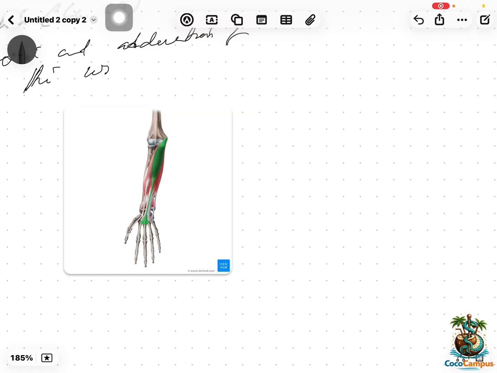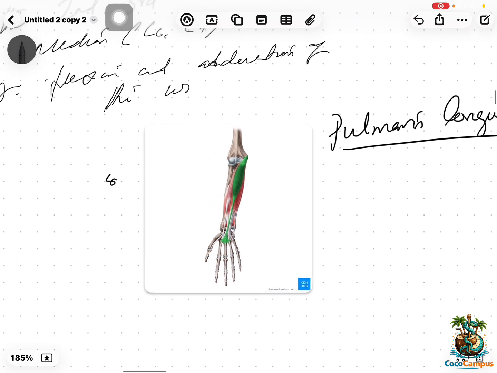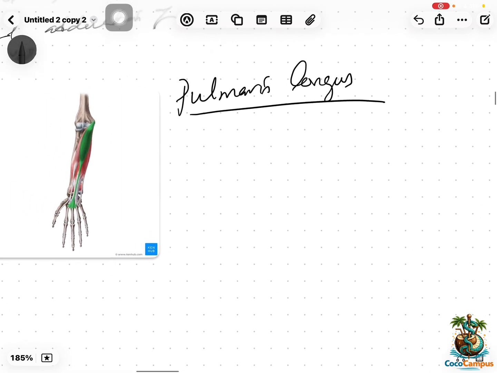Now, our next muscle is the palmaris longus. It is again the same origin, medial epicondyle via the common flexor origin, same as flexor carpi radialis.